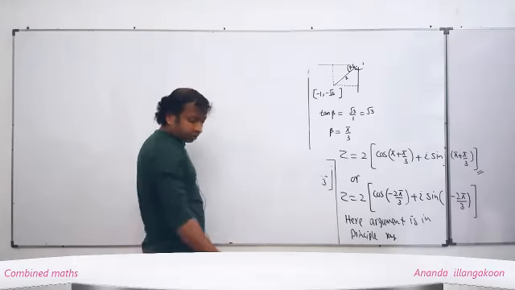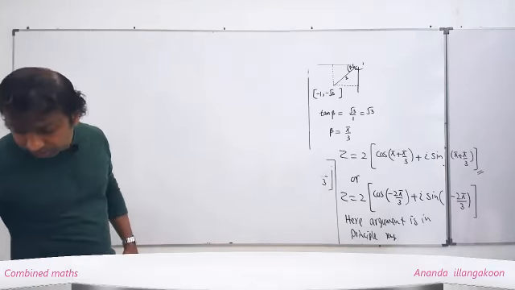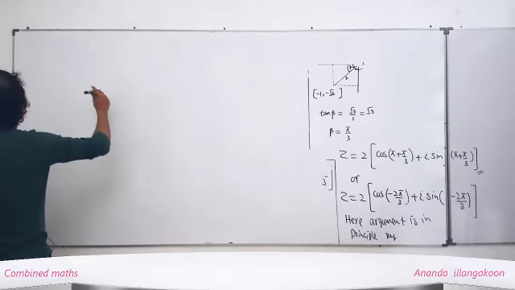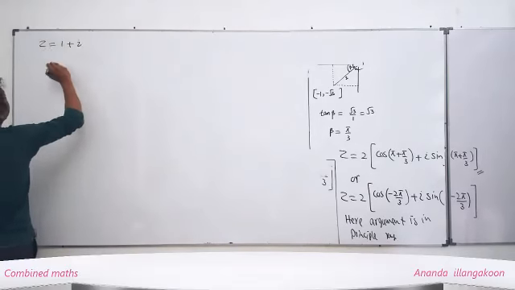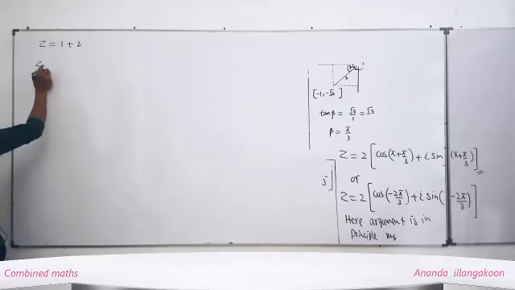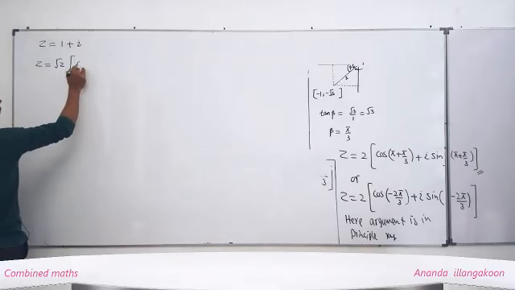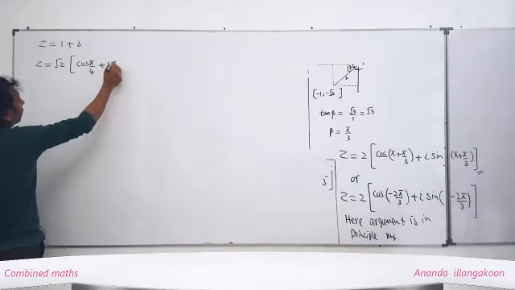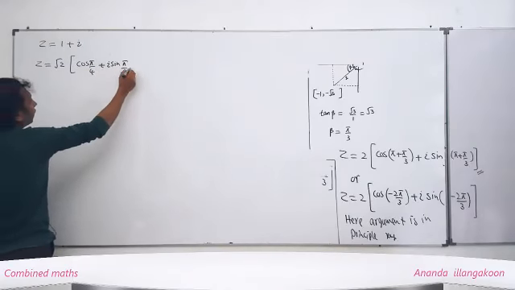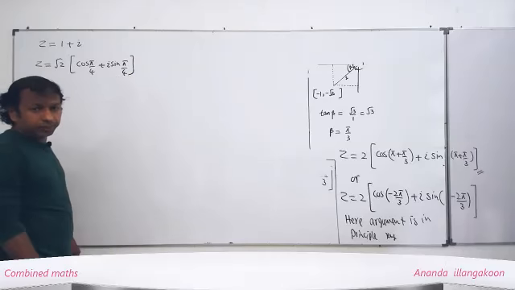I'm going to take this example, people, to explain this easily. Suppose here z equals 1 plus i, the complex number. Its polar form I can write as √2 cos pi by 4 plus i sin pi by 4. This is what we did just before.